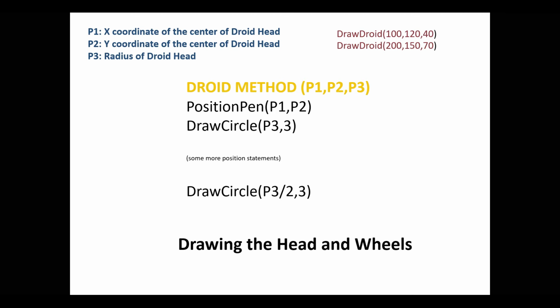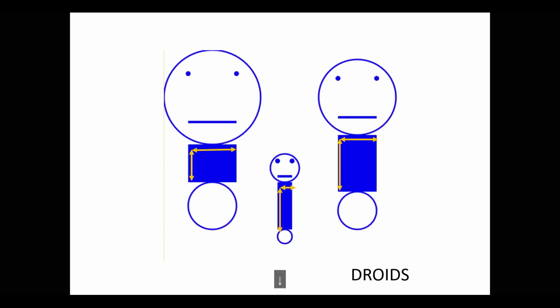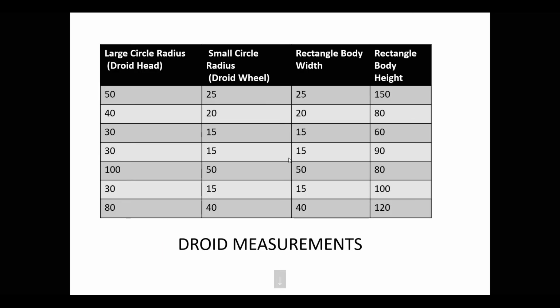Now we can analyze the body measurement of the droid. Here we see there is the width and the height of each droid's body. Looking at our chart, though, we see that the width and the height are not related to the radius.